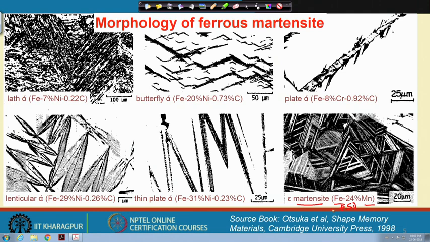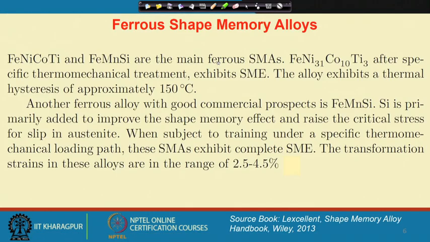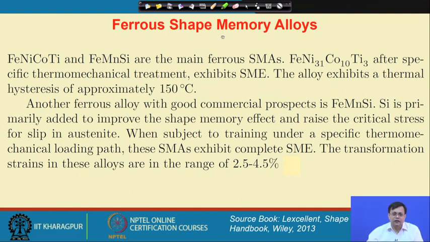So, epsilon martensite is also very much common to show such kind of plate like features. And all these different morphologies of martensite involve this martensitic transformation from austenite and incorporate some defect, so that they can exhibit or recover the strain or the shape strain.